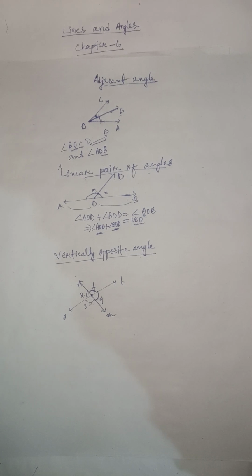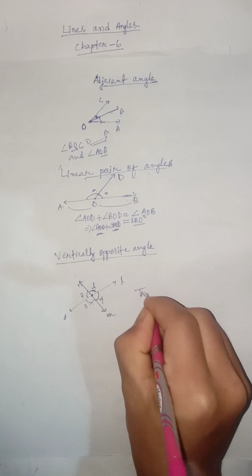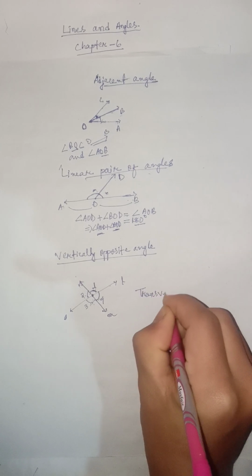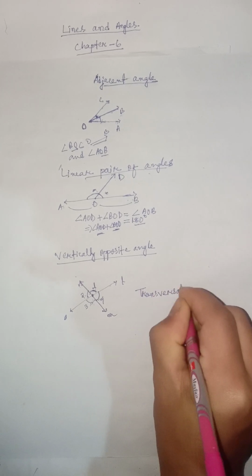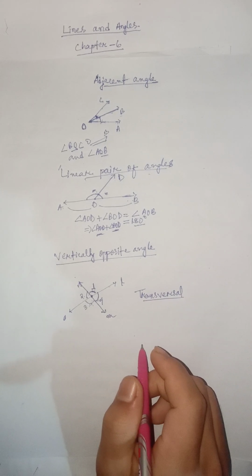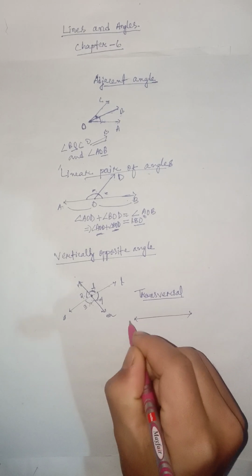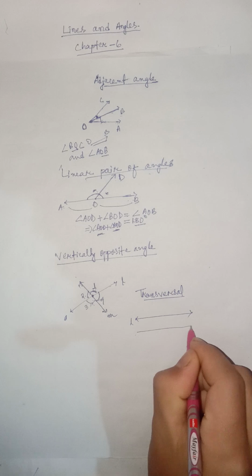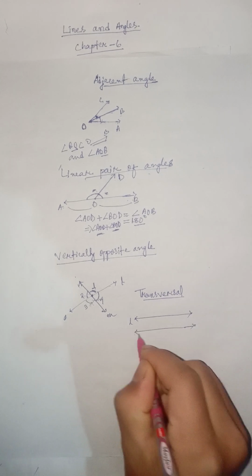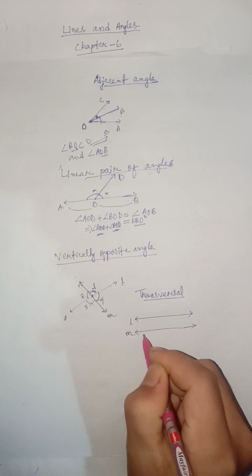And after that we have transversal. Let me write it here. Transversal. In case of a transversal, there should be a line which will pass through this. Let me name this one as L. And after that, let us draw some other line, which I'll name M. Okay.